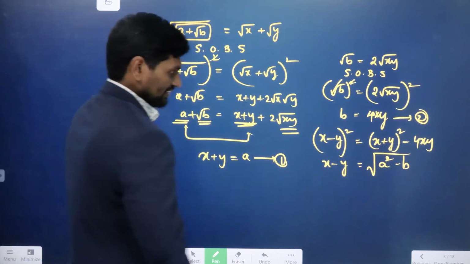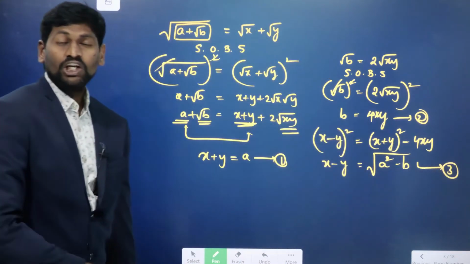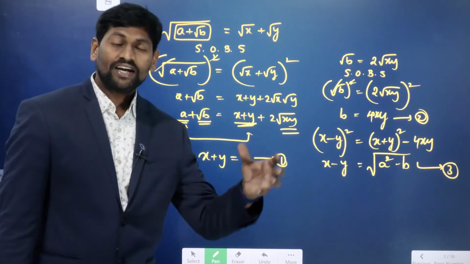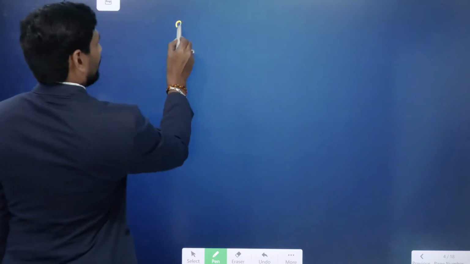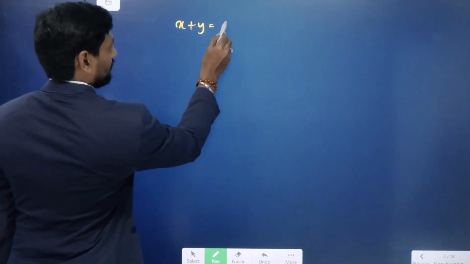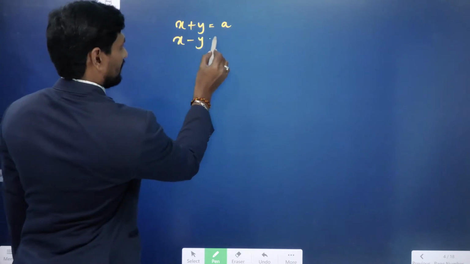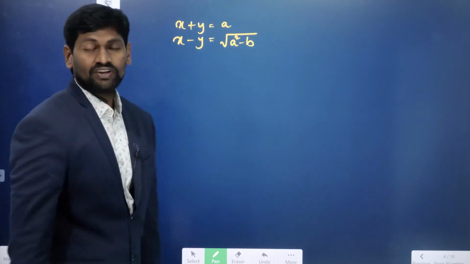Okay, now let us take this equation 3. Now by solving equation 1 and equation 3, I can identify the values of x and y similarly. Equation 1 is x plus y equals a. Equation 2 is x minus y equals square root of a square minus b.